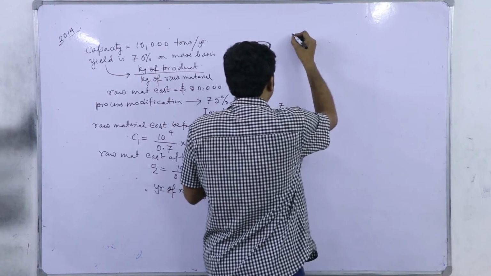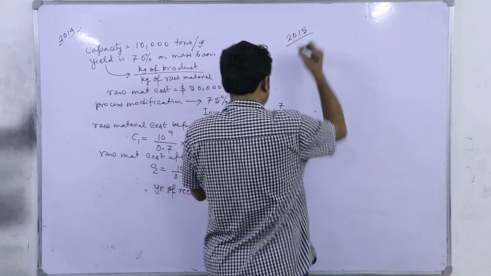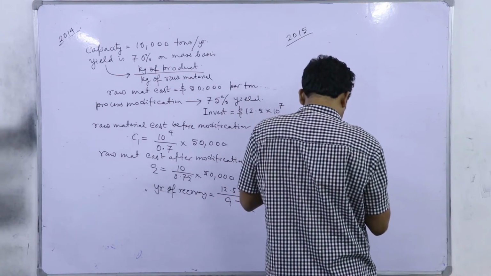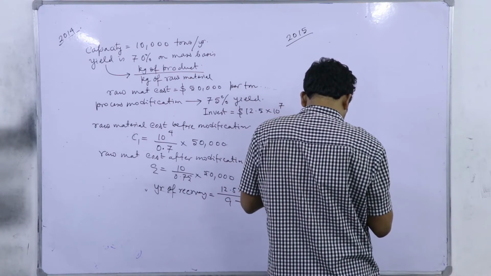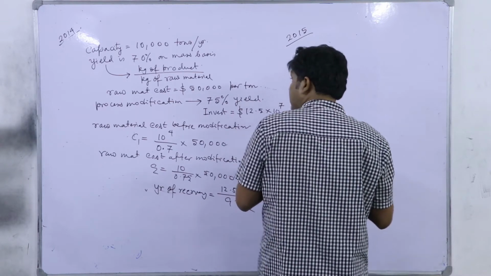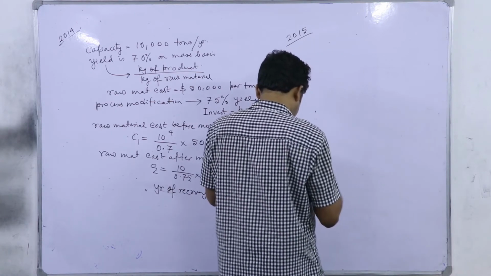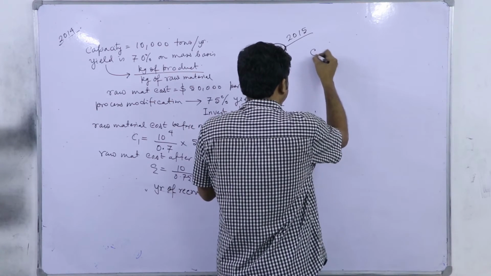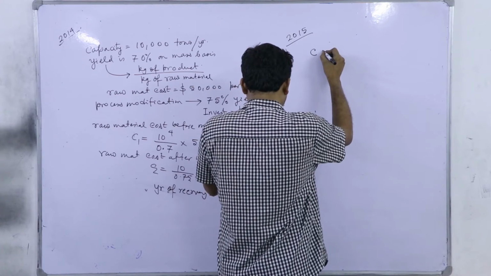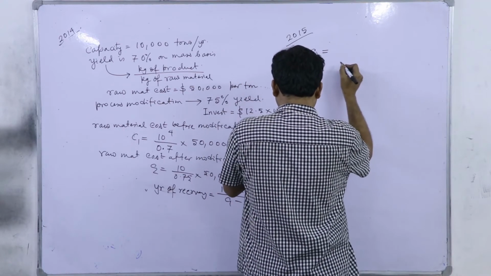So, now here problem 2015. This is a 14, now the 15. The cost of two independent process variables affects the total cost CT.